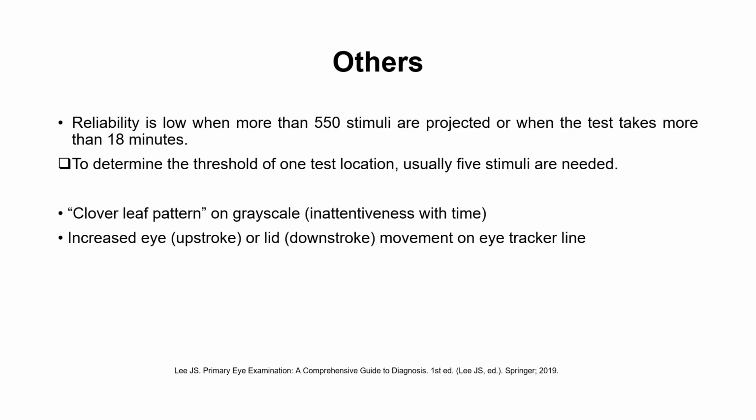Not only that, we have other reliability indices. The reliability is low when more than 550 stimuli are projected, or when the test takes more than 18 minutes. Usually, to determine the threshold for one test location, 5 stimuli are needed. In patients with field defects, more stimuli are needed.